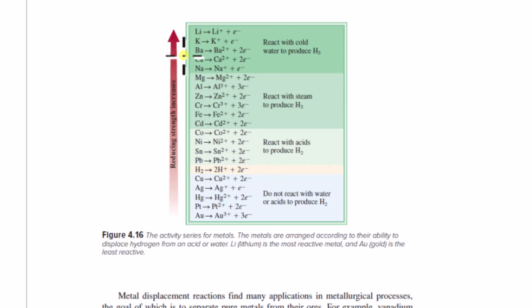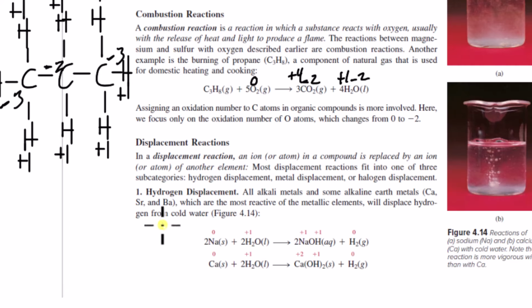Okay, and so if we come back to part one, hydrogen displacement, single displacement reactions. Part one and part two of this section on single displacement redox reactions talk about hydrogen displacement and metal displacement reactions, which are both based on the metal activity series.